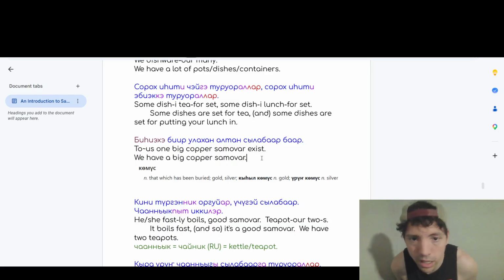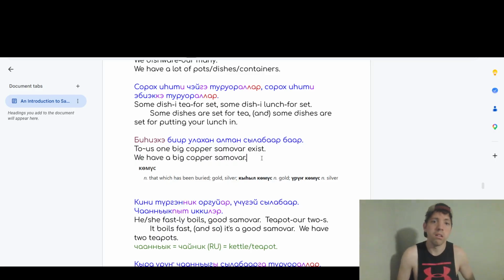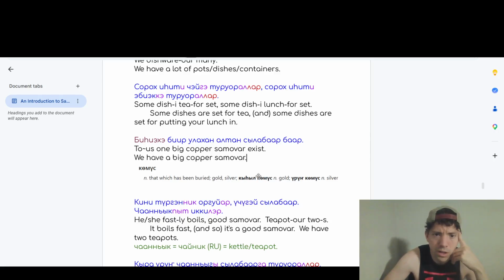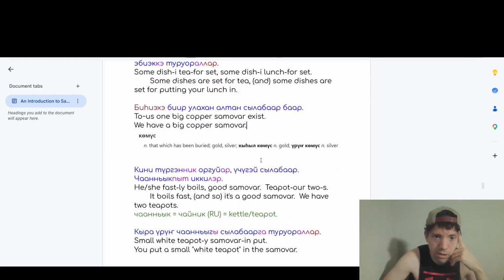So I used to think that altan in Sakha means gold, but no, it means copper. So interesting. I don't know if altan comes from Mongolian and somehow the meaning changed, but anyway. In Sakha it means copper, although some similar sounding word in Mongolian means gold.